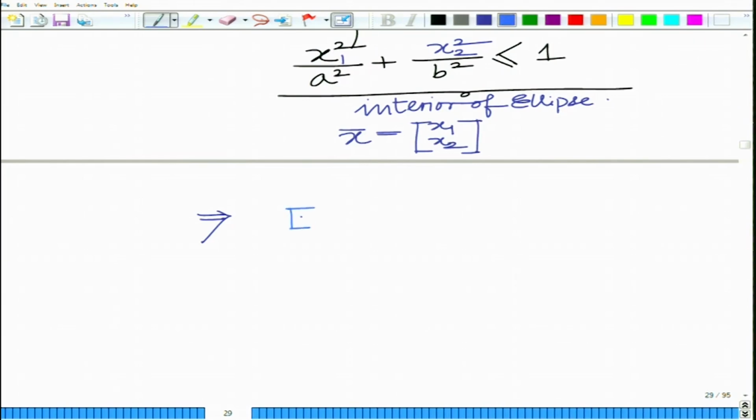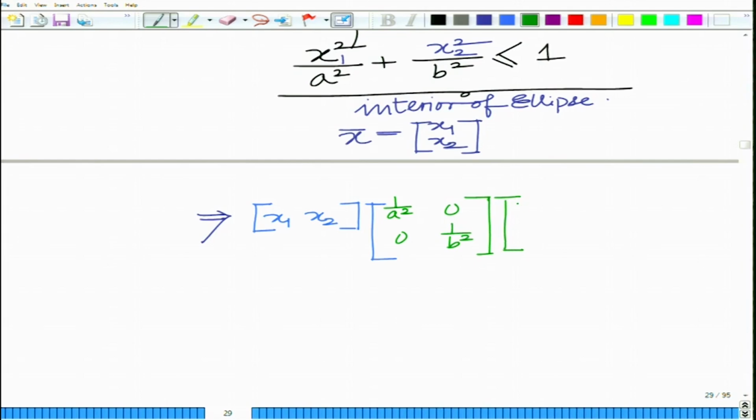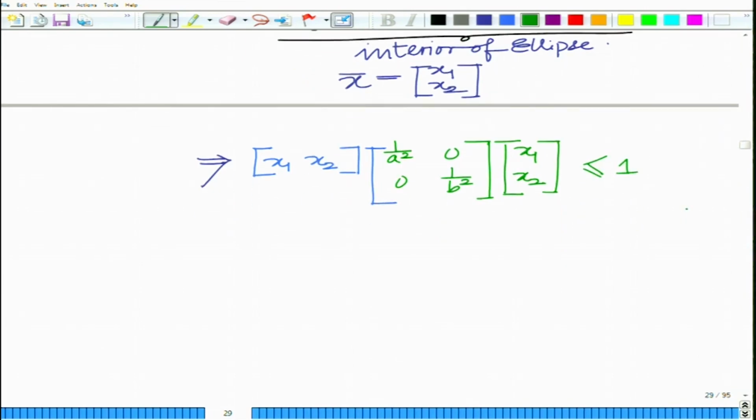So, this will be x1 x2 times 1 over a, 0, 0, 1 over b. In fact, let me write one more step. I can write this as 1 over a square, 1 over b square times x1 x2 less than or equal to 1, writing this in vector and matrix notation.